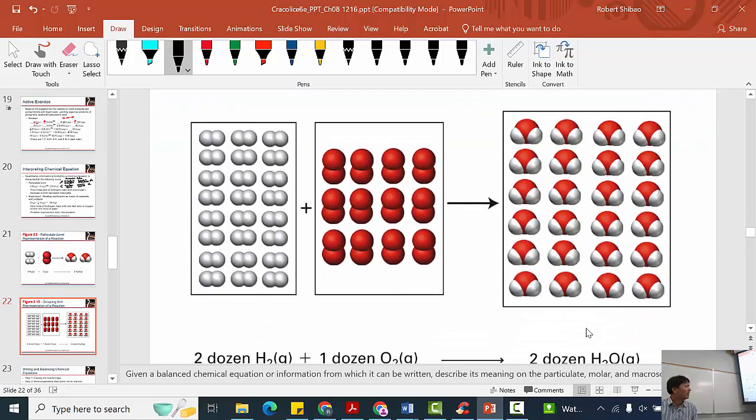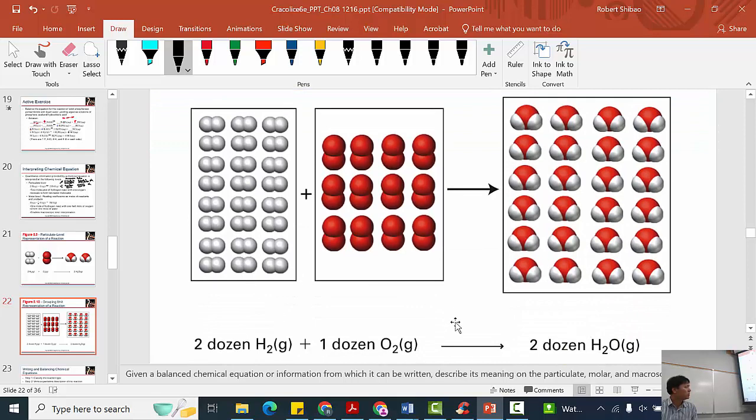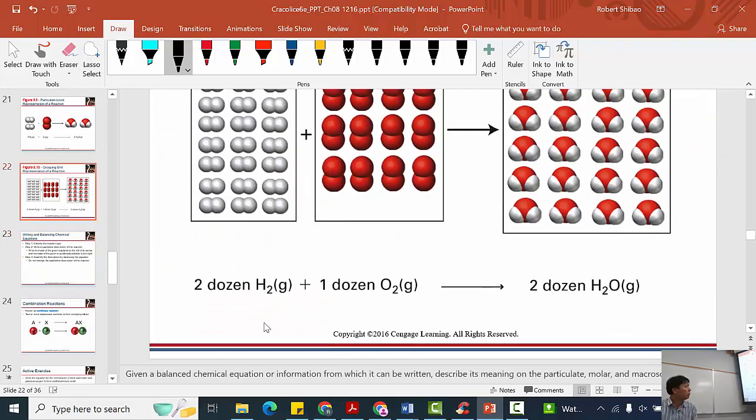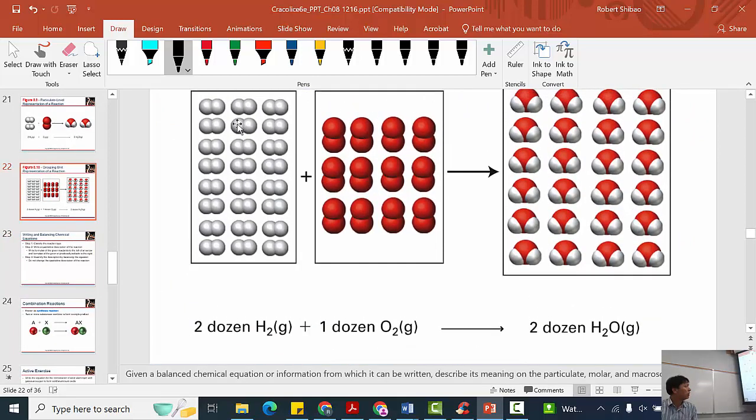All right, this is the dozen. So 2 dozen hydrogen, 1 dozen oxygen, 2 dozen waters. It's the same ratio. Or we could do it in moles, although we can't draw it, because if I did 2 moles of hydrogen, how many molecules would I have to draw here? 2 moles is how many?